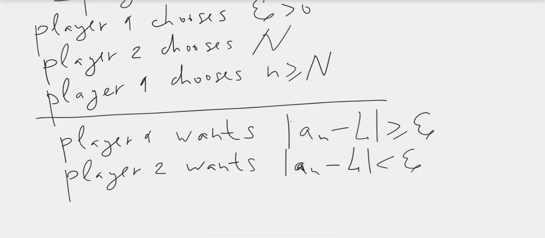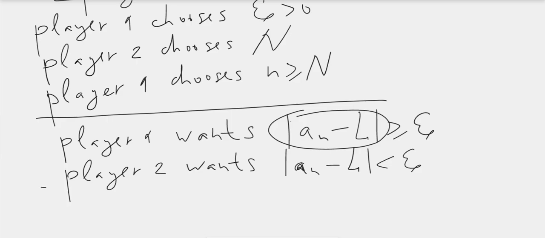So basically player 1 wants this difference to be as large as possible, and player 2 wants this difference to be as small as possible. So they choose, first player first chooses epsilon, then second player chooses capital N, and then the first player again chooses n.